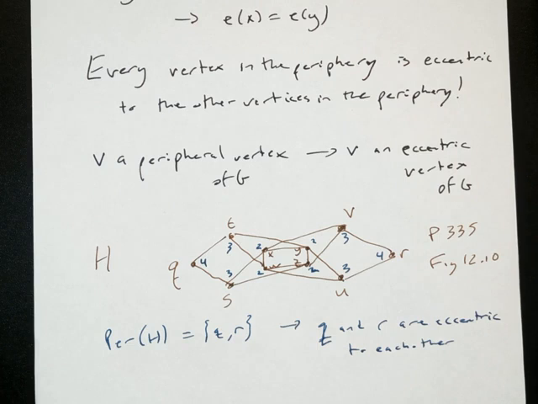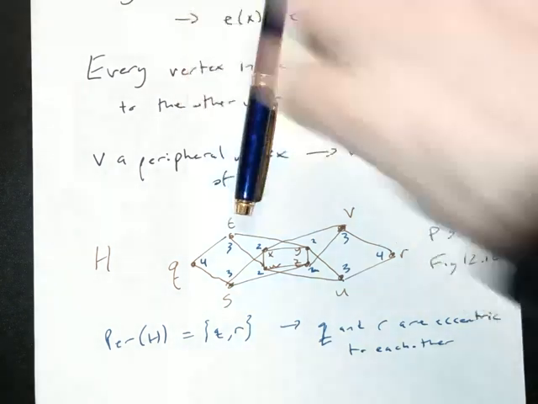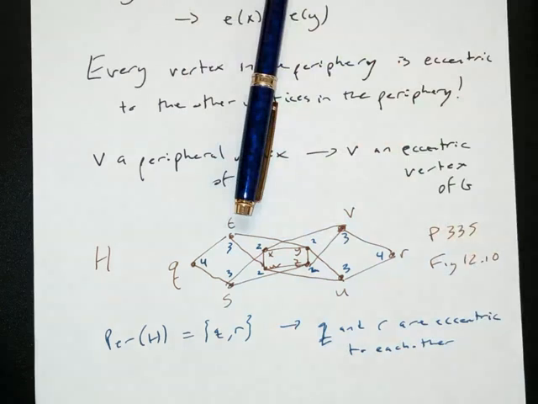Is T eccentric to anything? Is there some vertex that is the right distance away from T? Jonah? To get to Z, I've either got to go to W and then to somewhere else.